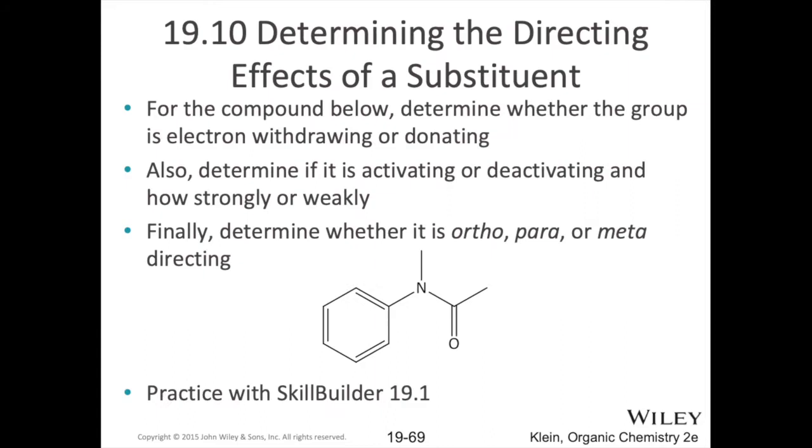So like I said, basically look at your group and determine if it's activating or deactivating. Is your group electron withdrawing or electron donating? Accordingly, if it's electron donating, it's probably an activating group. If it's withdrawing, it's deactivating. And of course, look at the strength of it. Then use that to determine whether it's going to be ortho, meta, or para-directing.